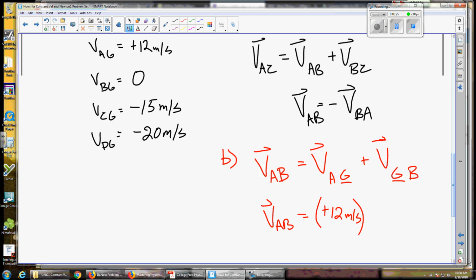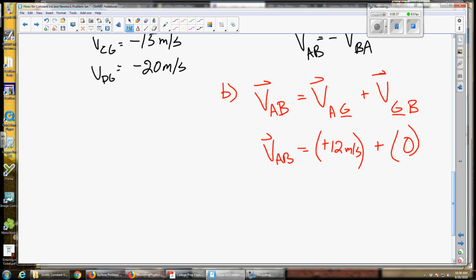So ground to B is just the opposite of 0, or I switch the direction of it. So that would be 0. So this would be my final answer. Velocity of A to B equals positive 12 meters per second.